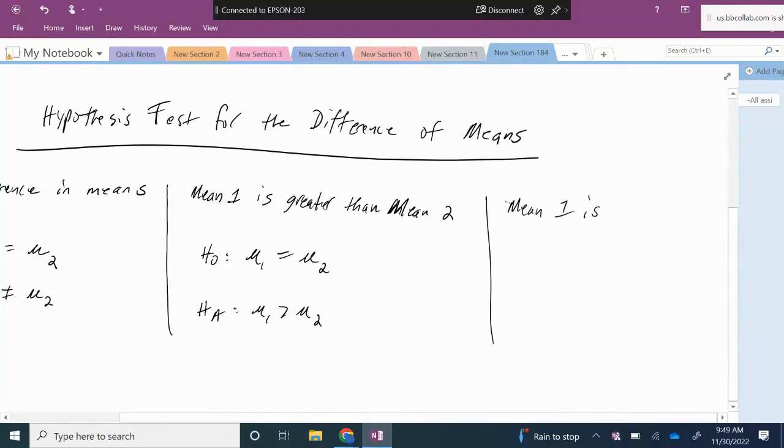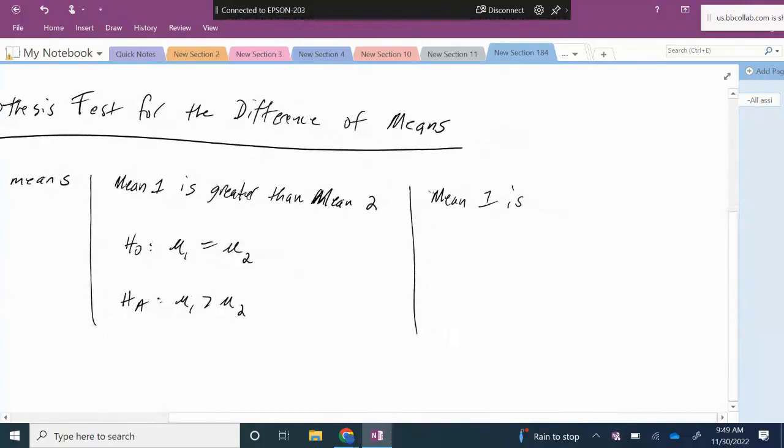And then for the last scenario, mean 1 is less than mean 2. Here again, the null hypothesis is always that both means are equal, and the alternative hypothesis is mean 1 is less than mean 2.